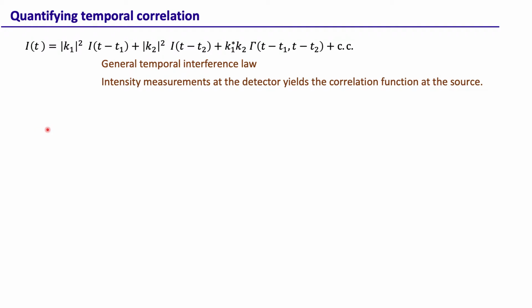These k1 k2 are in general complex numbers, so we can write k1 k2 in terms of its magnitude and a phase, e to the i phi k. That's how we write k1 k2.